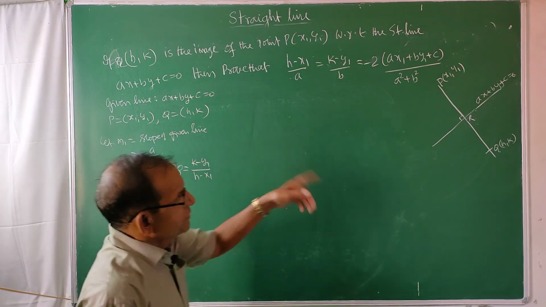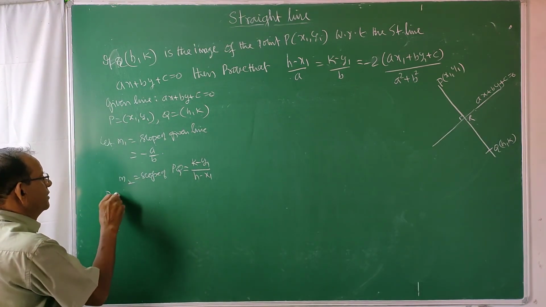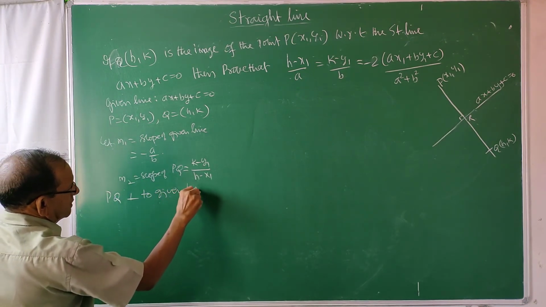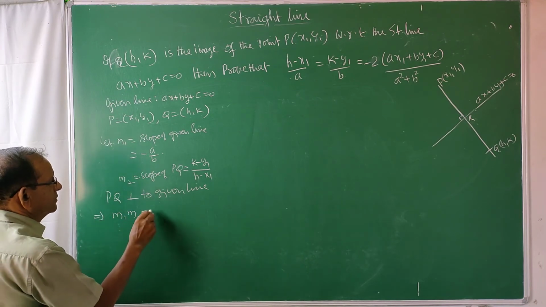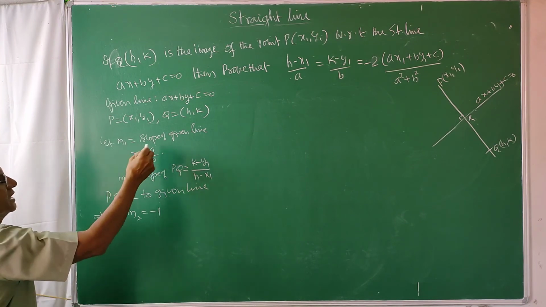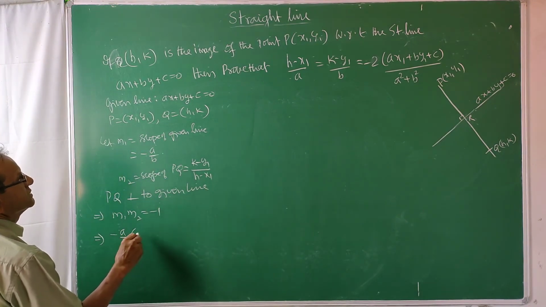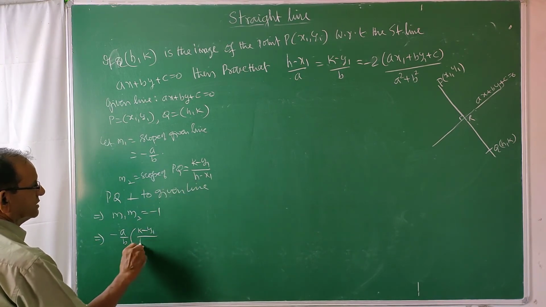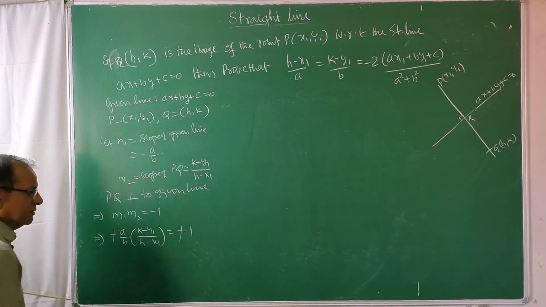But PQ is perpendicular to the given line, implies M1 into M2 is equal to minus 1. That implies M1 is minus A by B into M2, which is k minus y1 by h minus x1, is equal to minus 1. Cancel minus 1 on both sides.